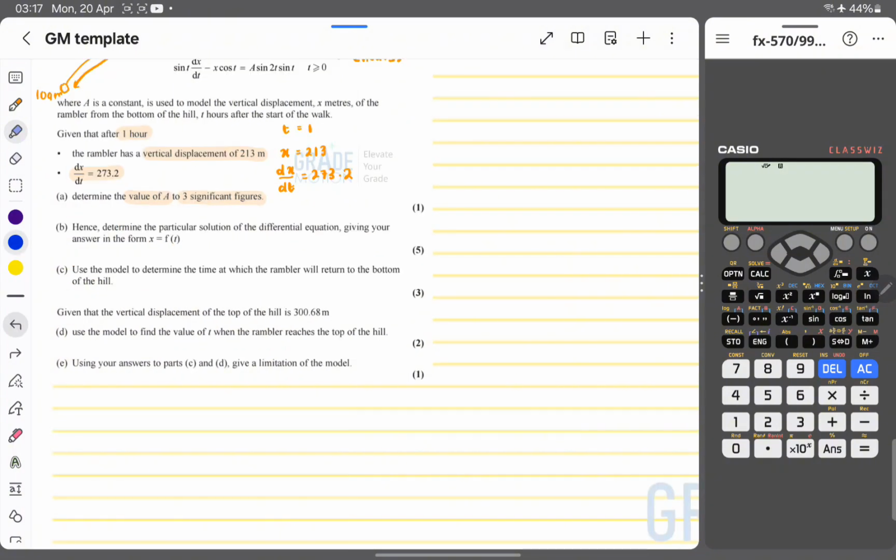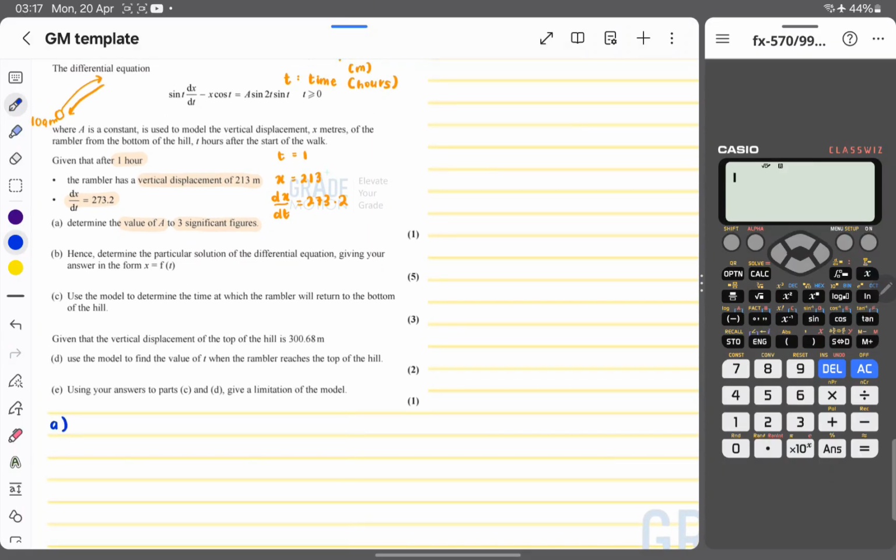We just have to substitute all three values t, x, and dx/dt into our differential equation. So it will be sin 1 times 273.2 minus 213 cos 1 equal to A sin 2 sin 1. Let's plug this into our calculator.